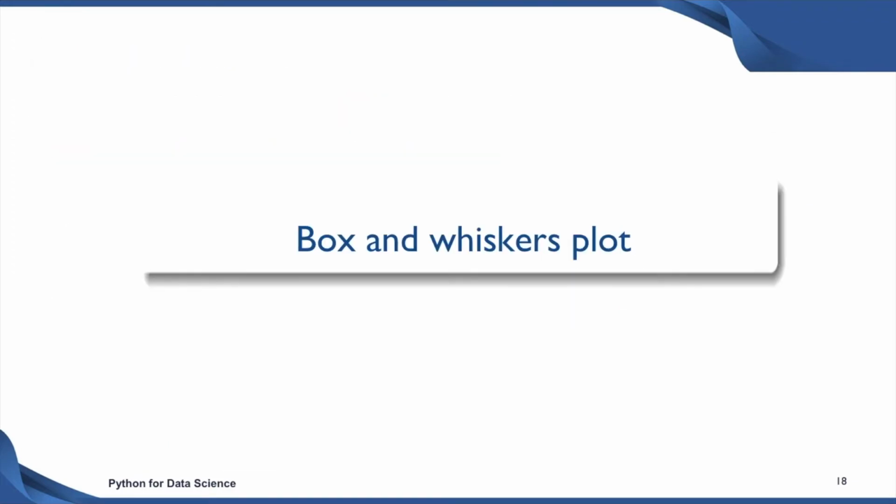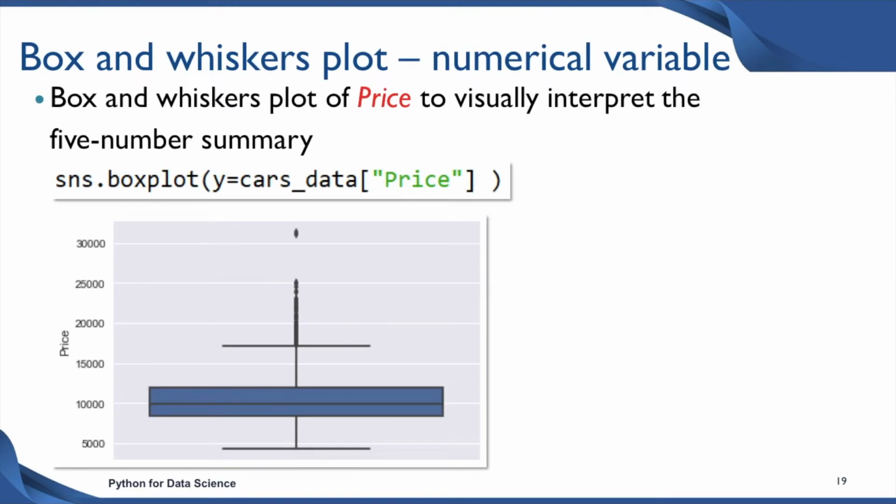Now we'll cover the last part of this lecture, that is box and whisker plot. So these are very useful, right? So it gives the 5 number summary, right? So for example, in this graph we have plotted the price variable in the box plot, right?